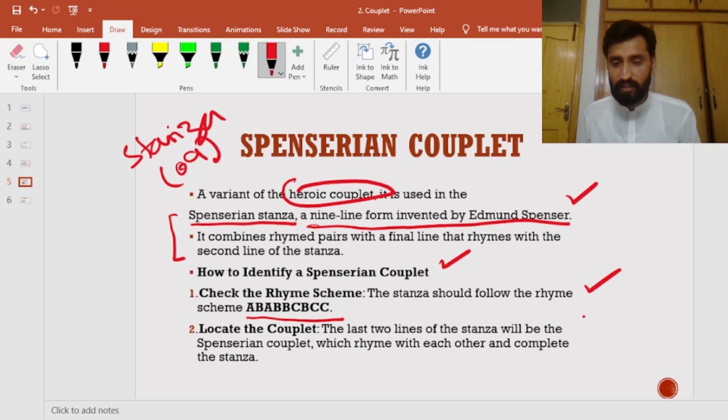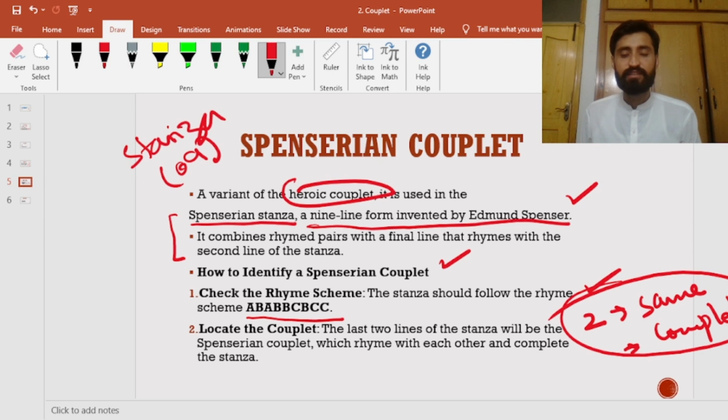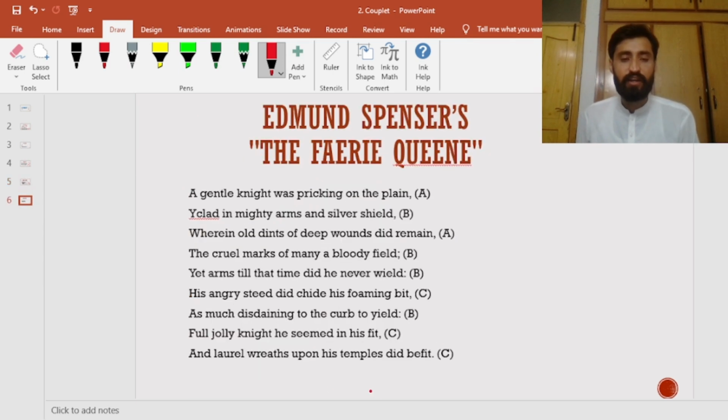The last two lines will have the same rhyme, and they will complete the overall thought of the stanza. Now look at the last couplet, the last two lines: full jolly night he seemed in his feast, and laurel wreaths upon the temples did be fed.